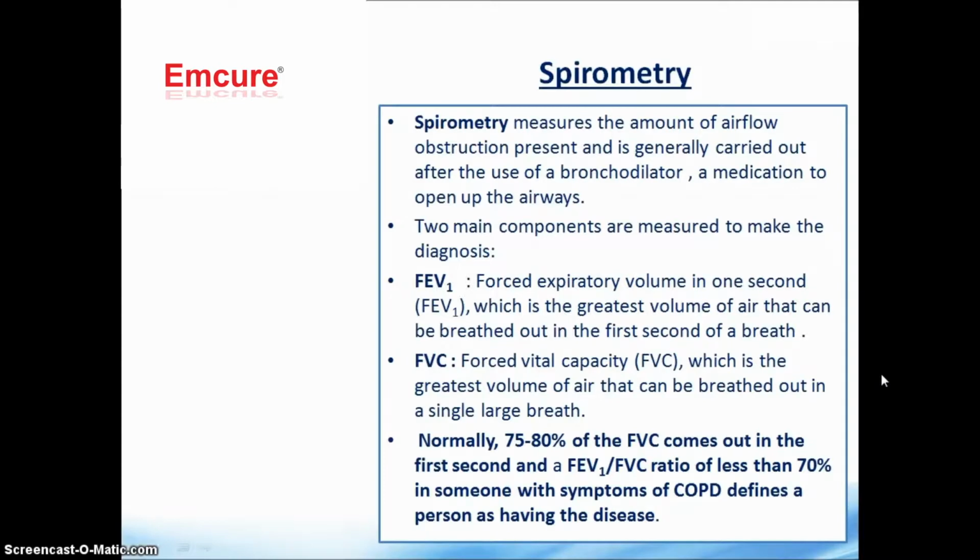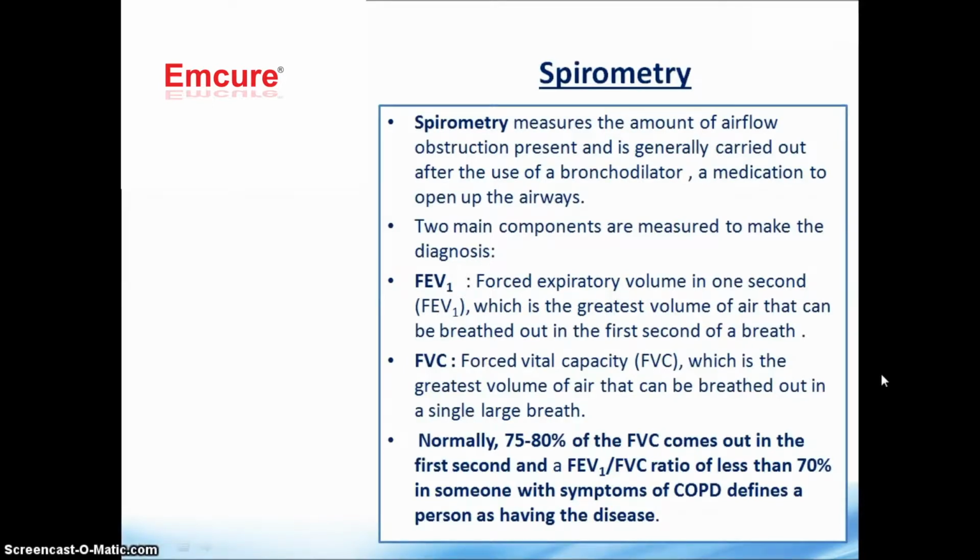Normally 75 to 80% of FVC comes out in the first second, and an FEV1 to FVC ratio of less than 70% in someone with symptoms of COPD defines a person as having the disease. So we come to know about COPD and its limitations to the airflow with the help of spirometry.